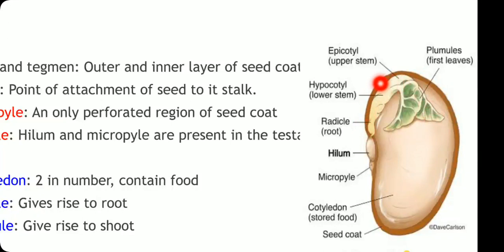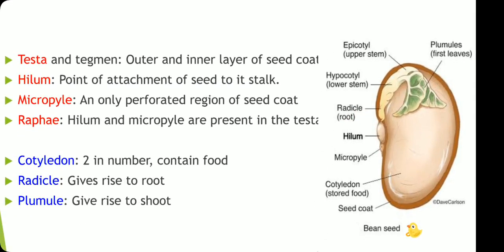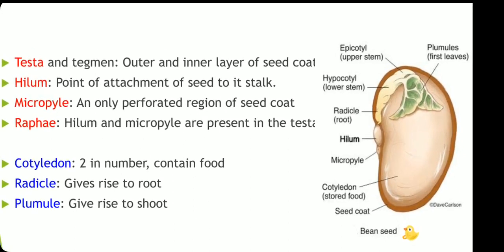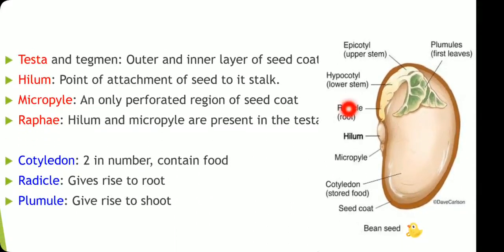Both these layers form the seed coat. Here you can see the brownish structure, this forms testa and tegmen. The outer layer is called testa and the inner layer is called tegmen. Then the next one is hilum. Here you can see the hilum. It is a distinct oval scar on the concave side of the seed.